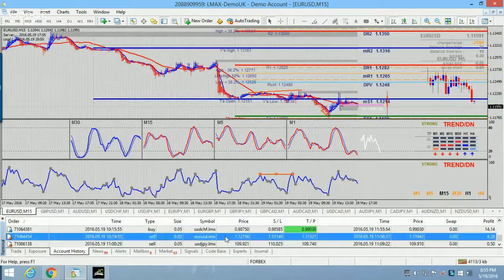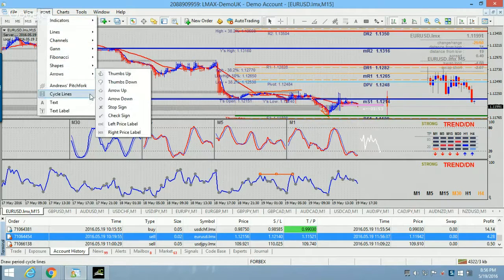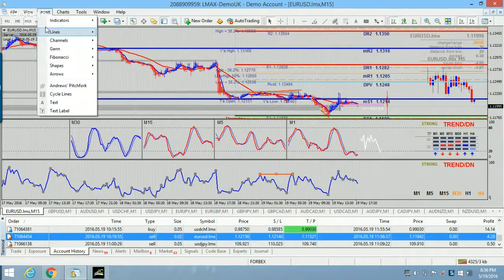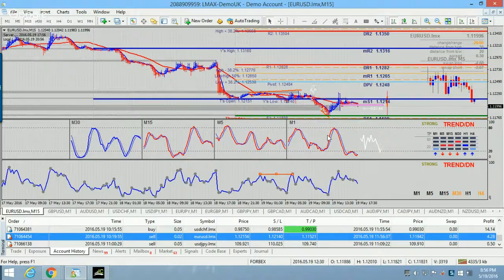On Euro US, let's see. It was this one. So our entry was here. And of course, since we have a support area, a demand area, and a support line, we just close the trade in profit at that level.